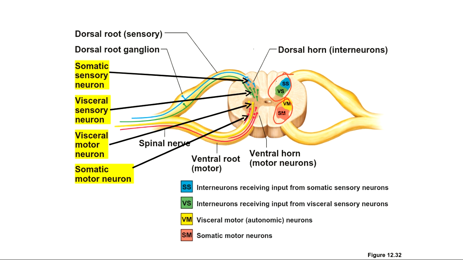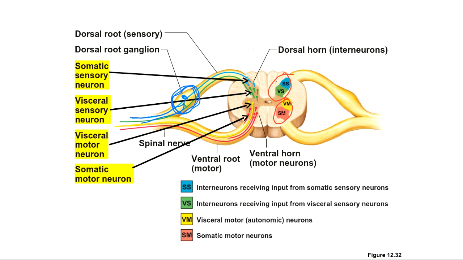This little blue neuron here is showing you the sensory information coming in. These are unipolar neurons. So notice that all of the little bodies of these unipolar neurons that bring in sensory information, be it visceral sensory or somatic sensory, are all clustered together.